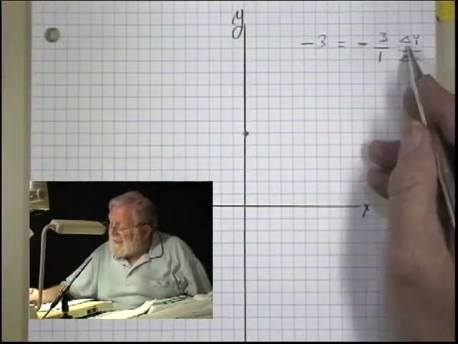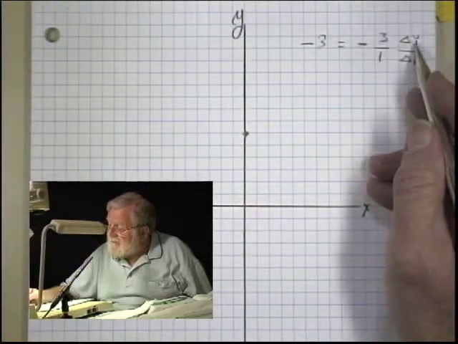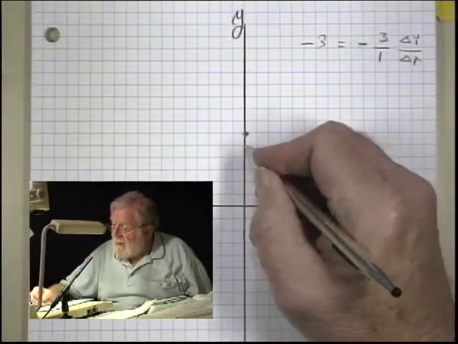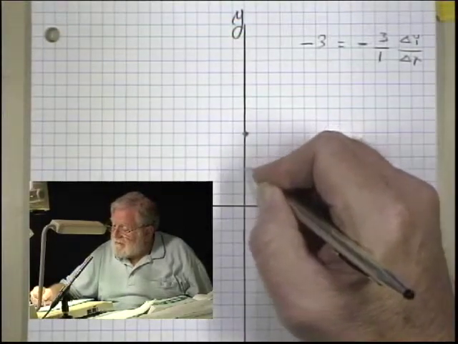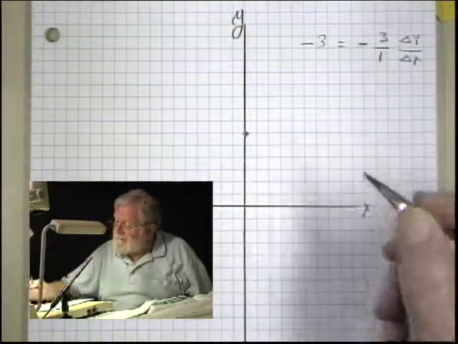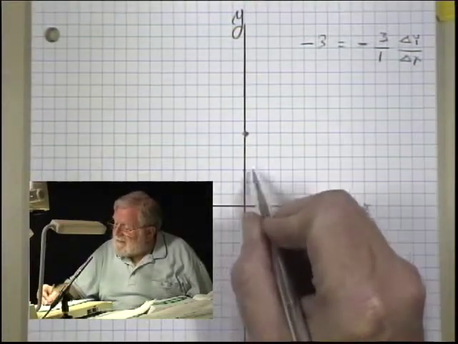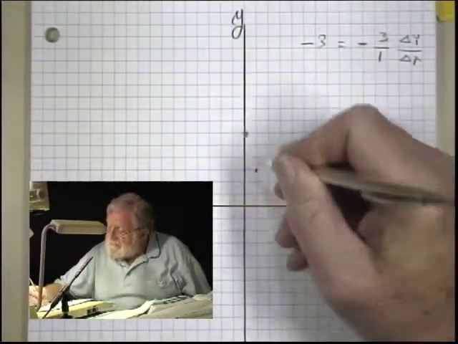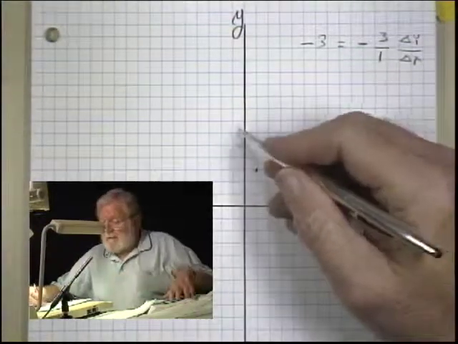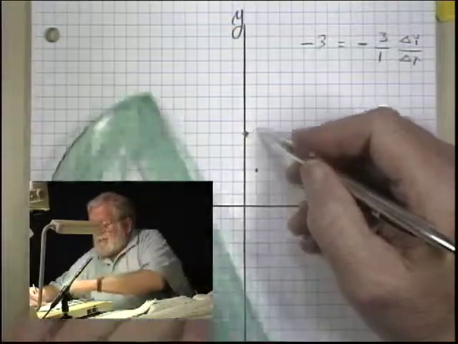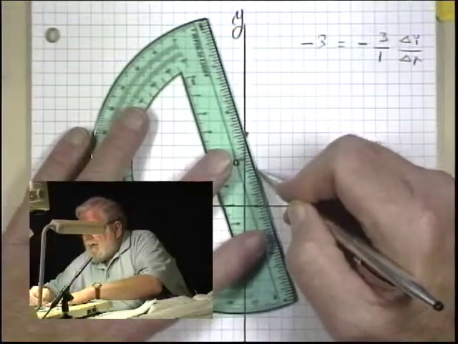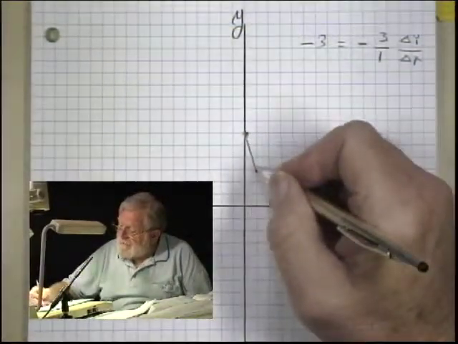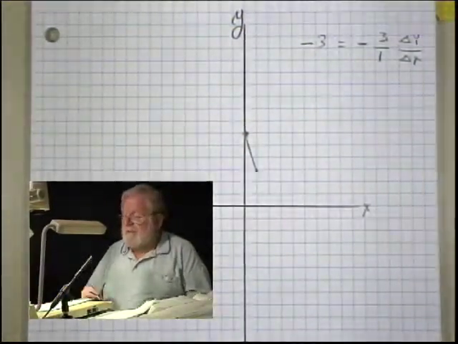We're going negative 3 in the y direction. Negative is down in y. So 1, 2, 3. All right? And a positive 1 would be over here. So here's the change in y, and the change of x can be represented by this line.